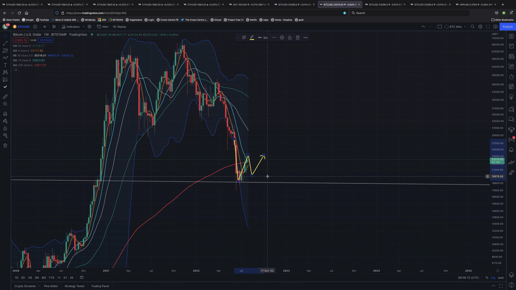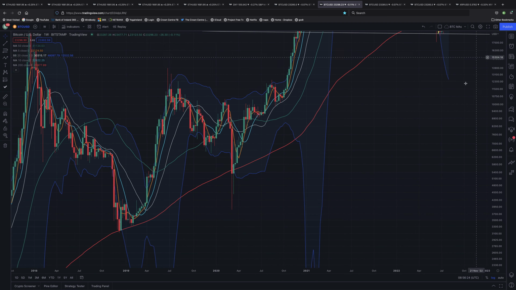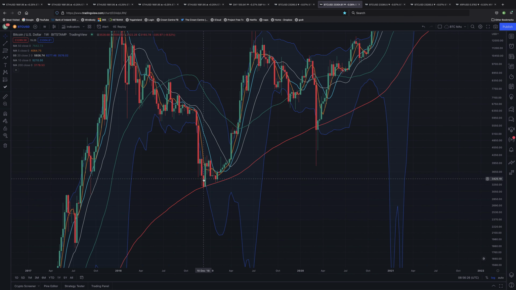So I'm using the patterns that I've learned on the shorter time frames to anticipate what will happen on the bigger ones, because I don't have that much data. A bit like what happened here. So it came, but here it used the 200 for support.